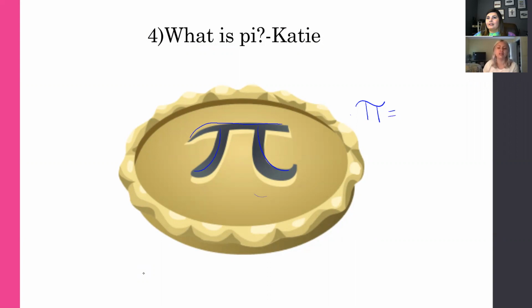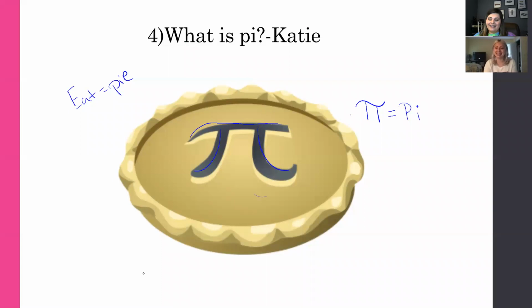Let's write this over here. Pie that we eat is P-I-E. Math pi is P-I. No E for eat, unfortunately, but maybe we can have some pie later.